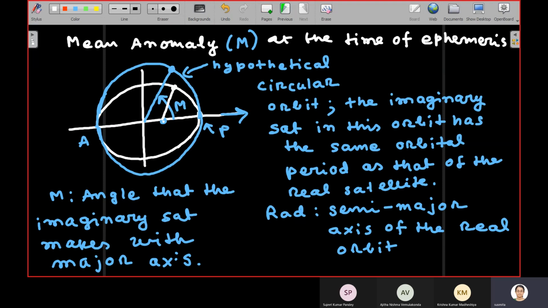And this angle is denoted as mu, and it is called true anomaly. This is the angle. Okay, and the angle that the real satellite makes with the major axis is actually the true anomaly.